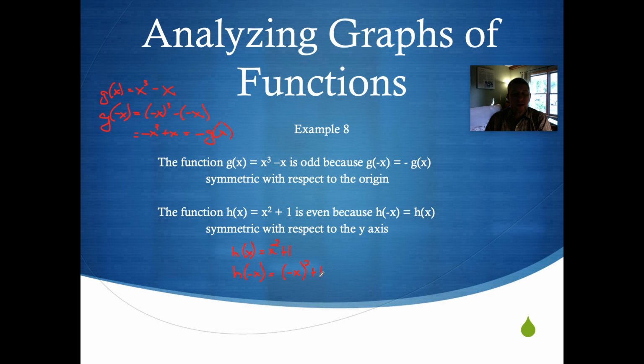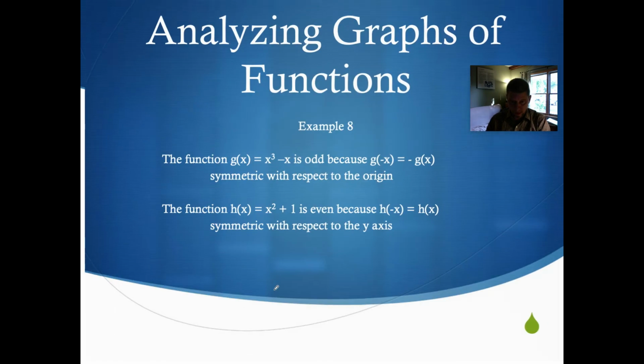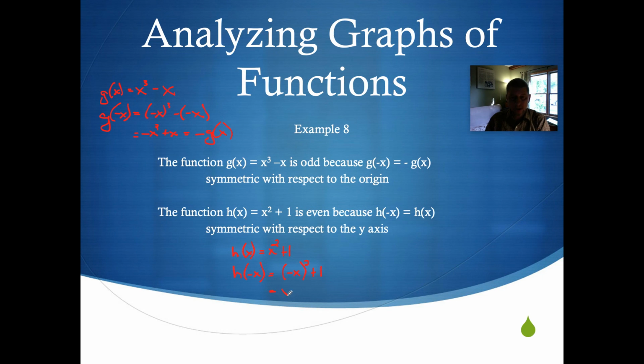But negative x squared is equal to x squared. And so h of negative x is the same as h of x. This makes it an even function because it's symmetrical about the y-axis.